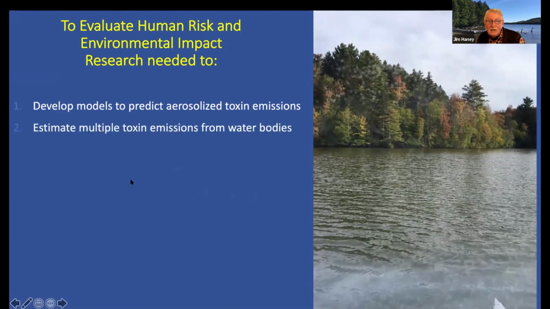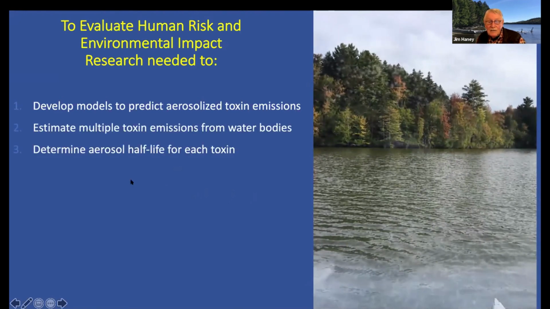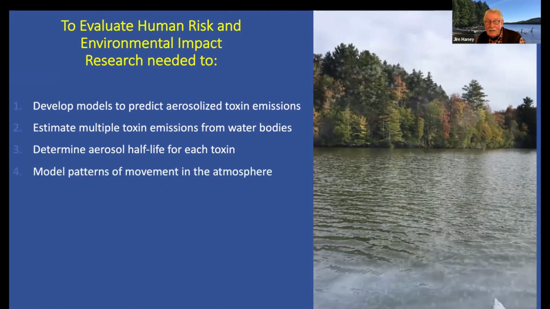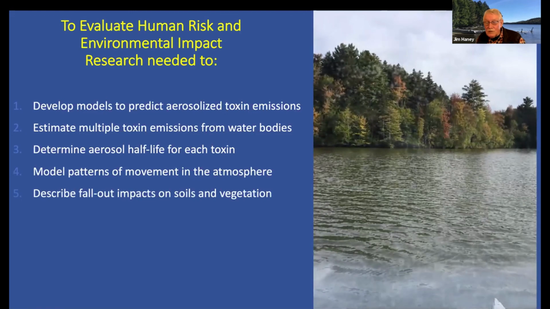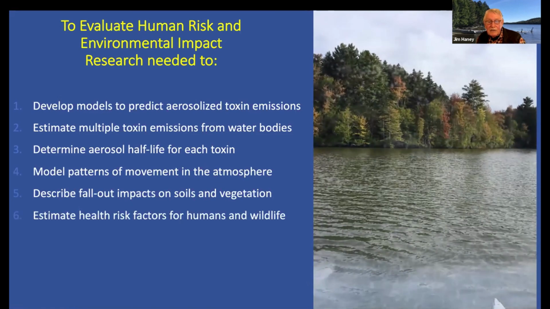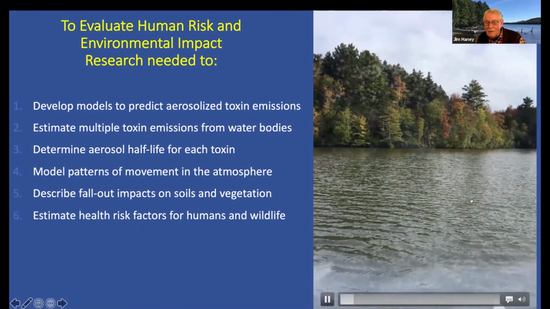We need to look at multiple toxins. We need to determine how long they last once they're in the air. And then we need to be able to model where they move to, just as we've done for things like mercury and other pollutants. And then we need to eventually get to the point of estimating the health risk for humans and wildlife.